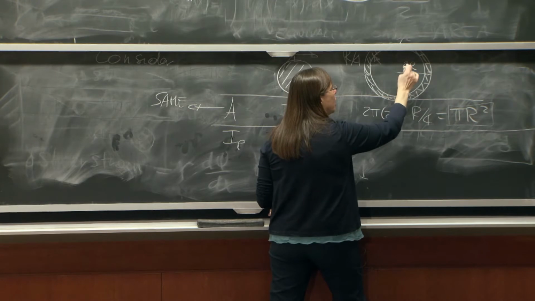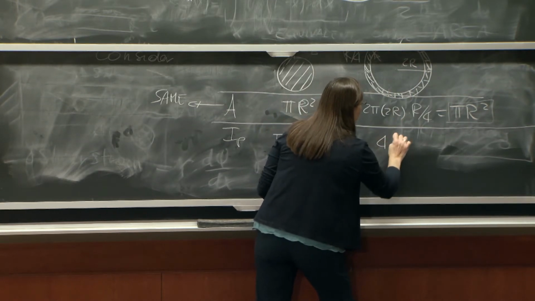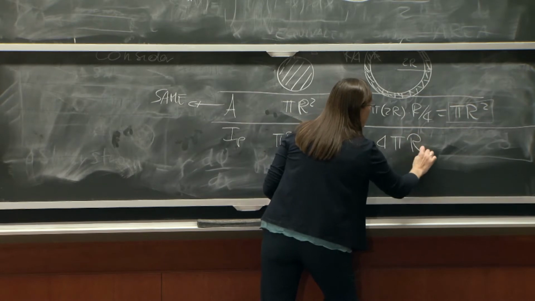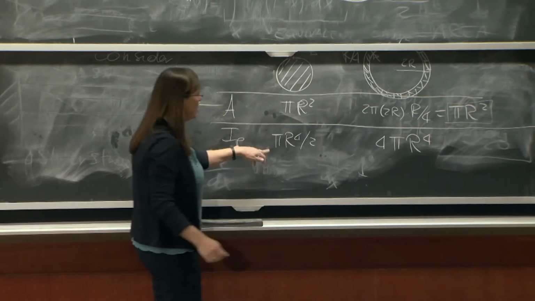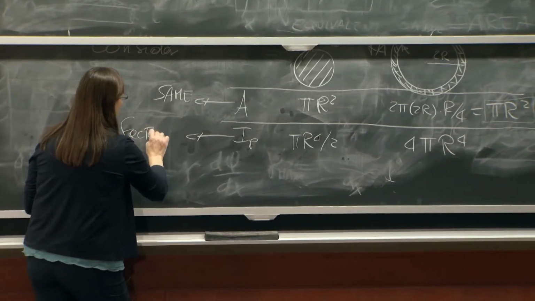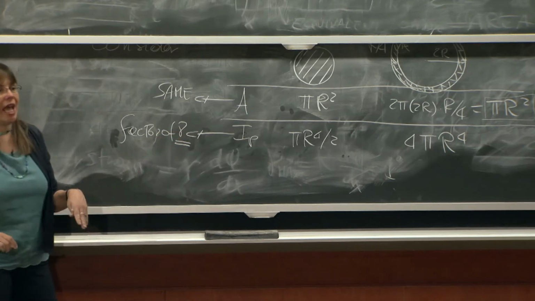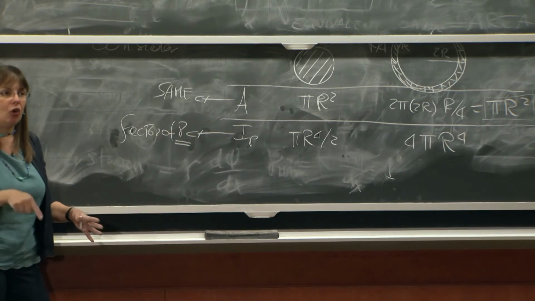So that's 4r squared. So I have 4 pi r to the 4th. There is a factor of 8 on the IP that I gained by making a hole in the middle of my shaft.